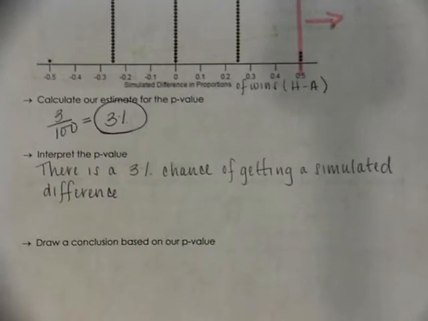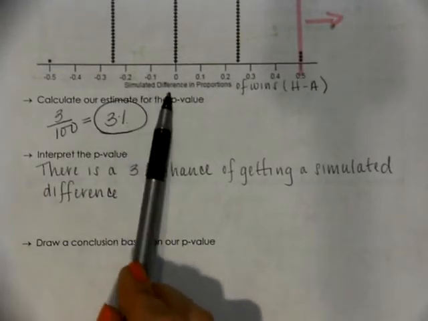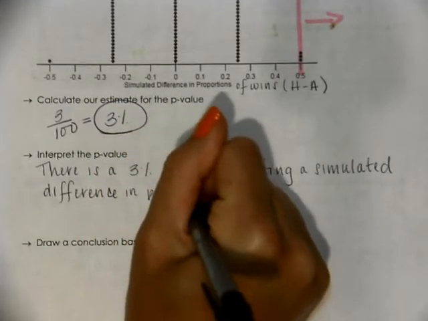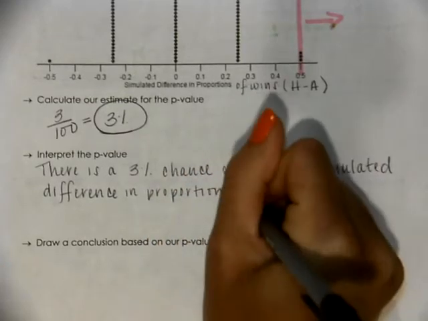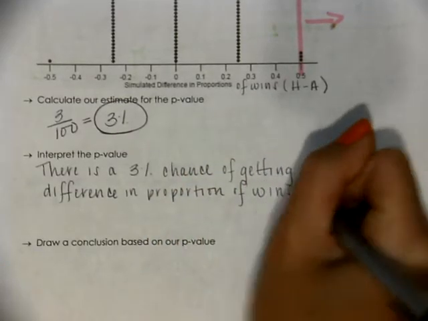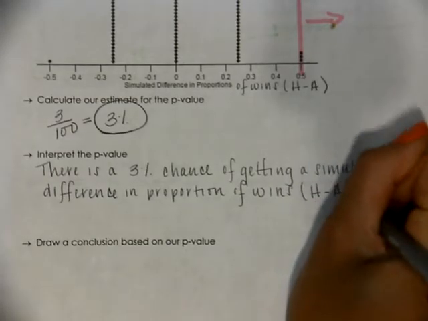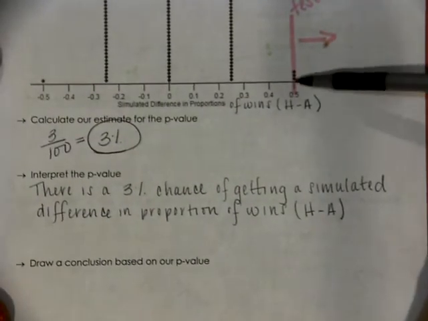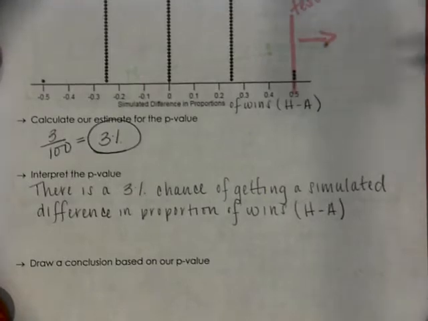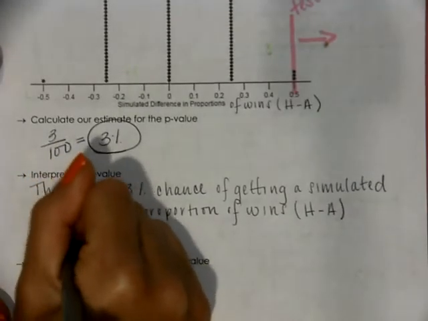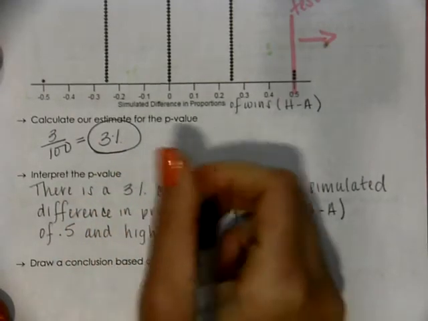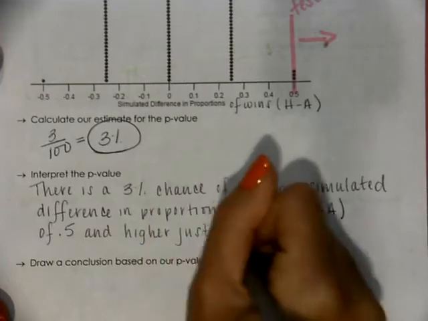They tell you what the dot plot is displaying. Simulated difference in proportion of wins, home minus away, of, well, what value did we look at to get our 3%? We looked at 0.5 and higher. Just by random chance.